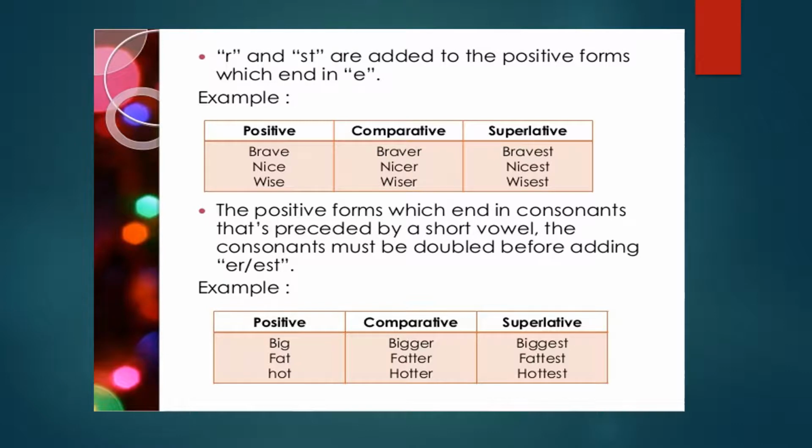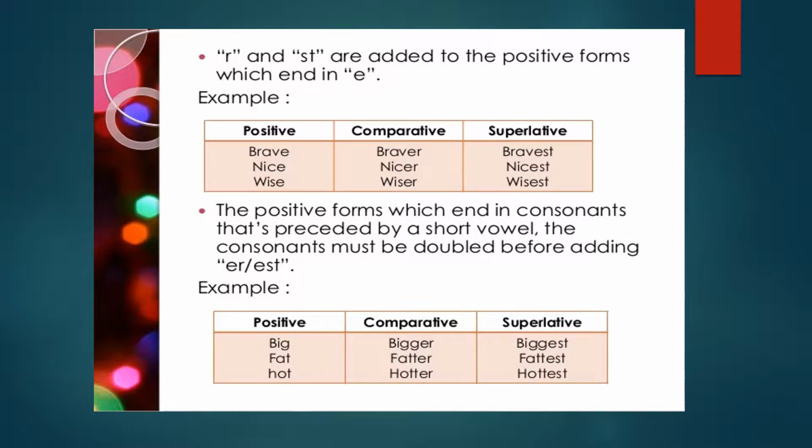And in the next point, for positive forms which end in a consonant that is preceded by a short vowel, the consonant must be doubled before adding er or est. For example, big, bigger, biggest; fat, fatter, fattest; hot, hotter, hottest.